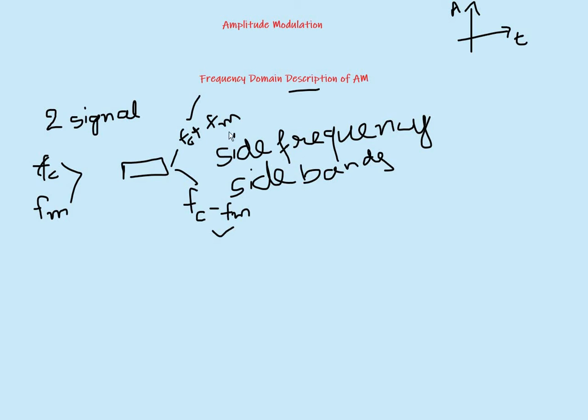When we add the carrier frequency and the message frequency, fc plus fm, this is called the upper side band or USB. When we subtract, fc minus fm, this is called the LSB, that means lower side band.